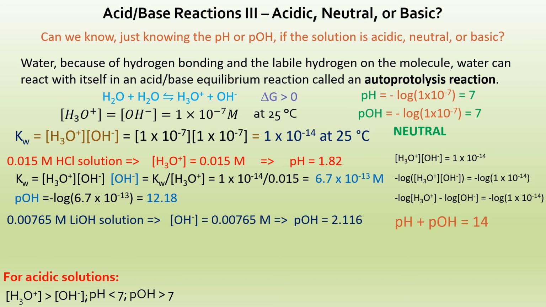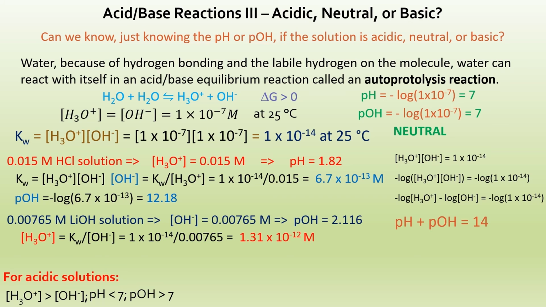We know the product of the hydroxide and hydronium concentration is equal to 1 × 10 to the minus 14th. After algebraic manipulation, the hydronium concentration will be 1 × 10 to the minus 14th divided by 0.00765 molar, yielding a value of 1.31 × 10 to the minus 12th molar.